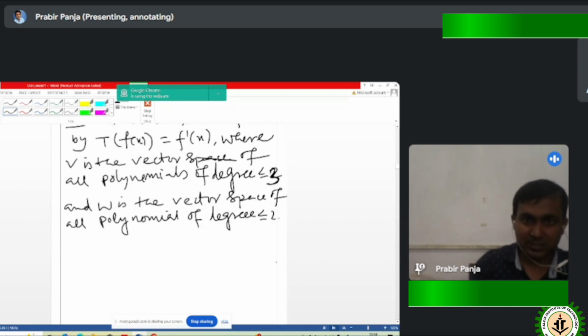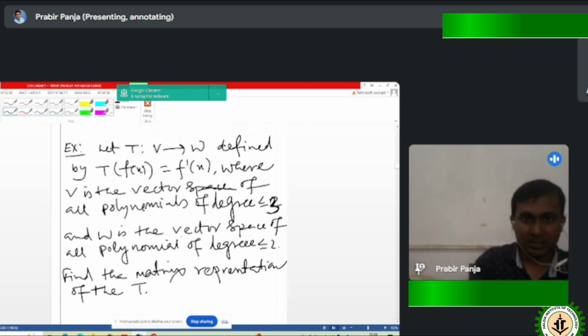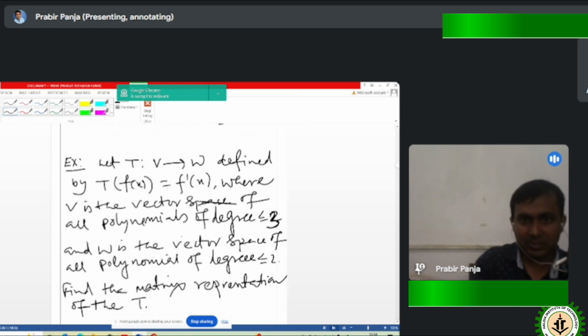The question is: find the matrix representation of the transformation T. So T is a linear transformation defined this way: T of f(x) is f dash x, and V and W are the two vector spaces.